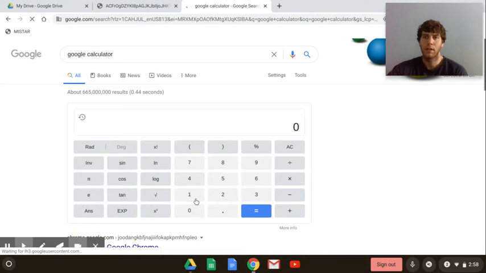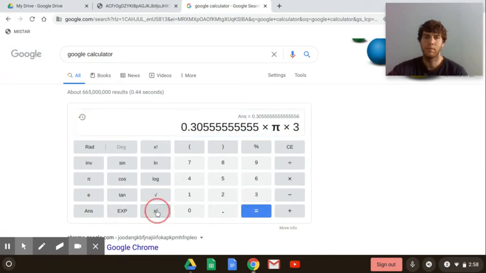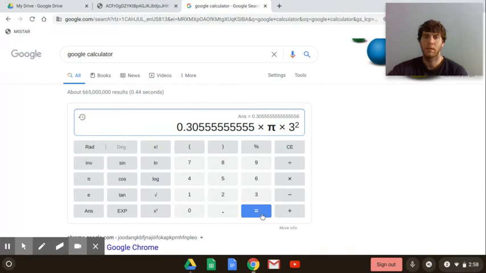So 110 divided by 360, and then we want to times pi times our radius, which was 3, squared. And that gives us a sector area of 8.64.